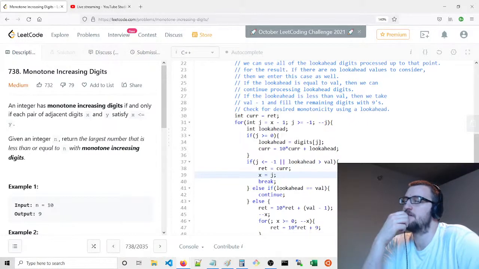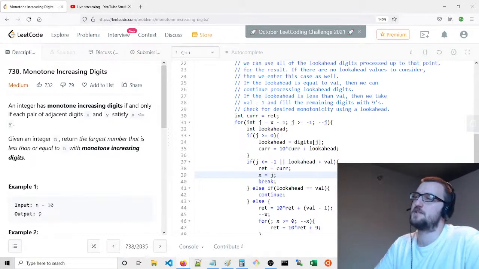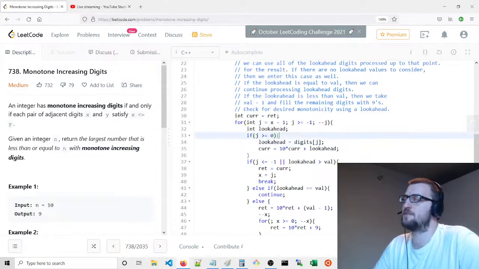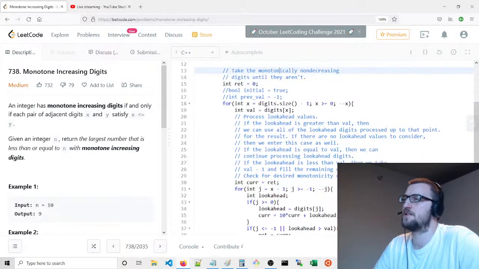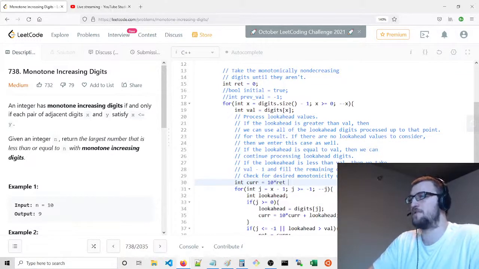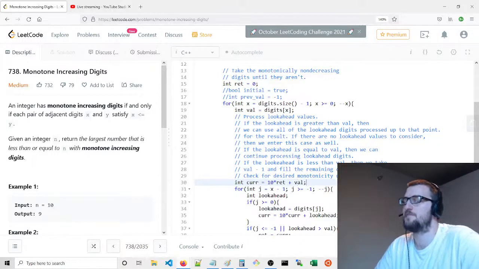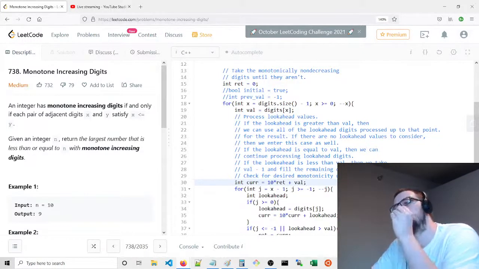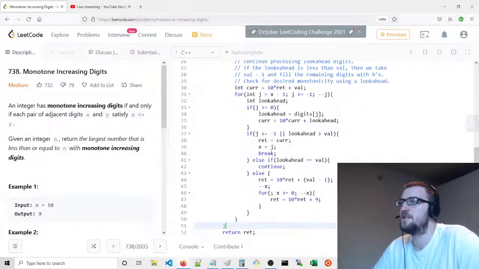So you would go, 2 is the digit, look ahead would be 2. So this is interesting because I think current would be 10 times ret plus val, potentially. Now, not necessarily.